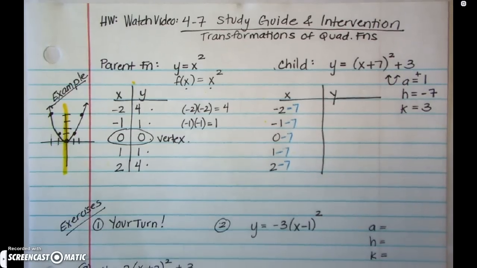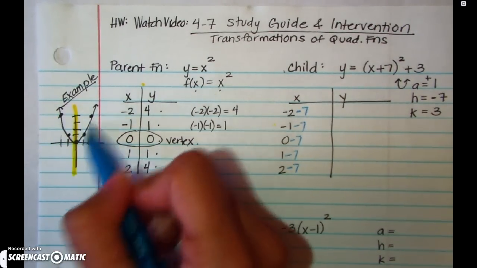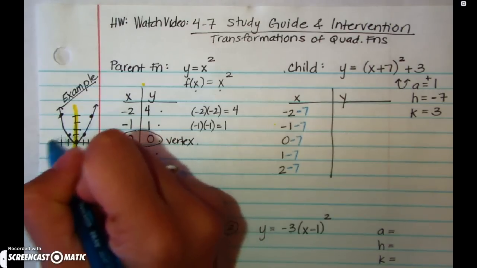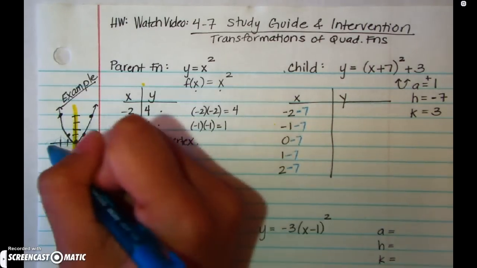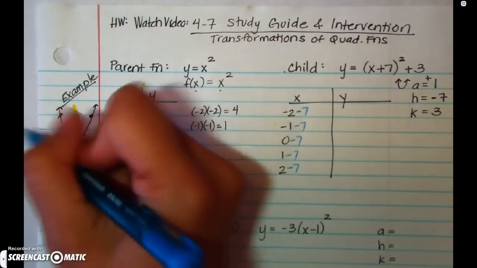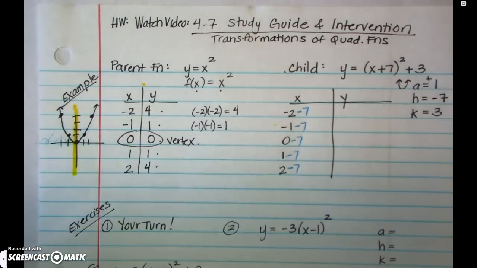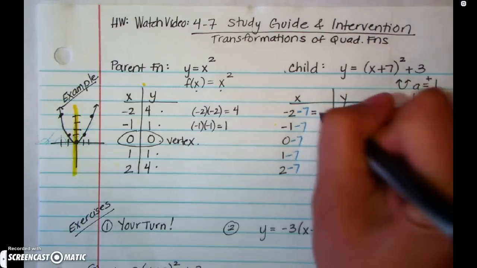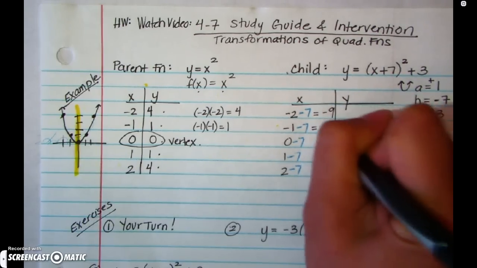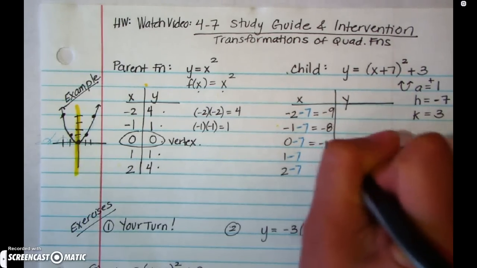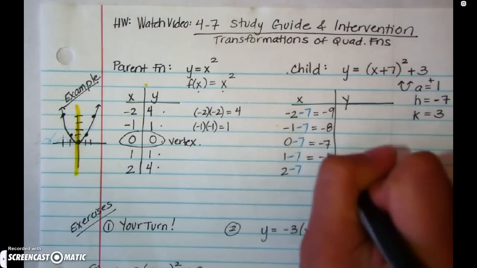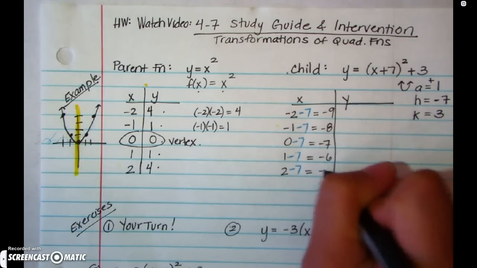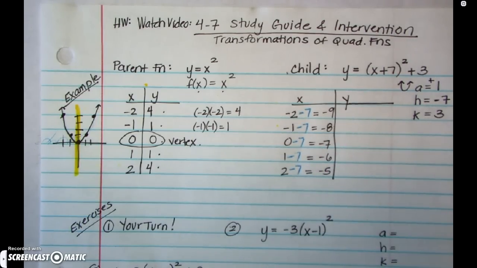The reason I'm doing that is because I'm going to take this original graph and shift it 7 units over to the left. So I'm going to end up with something like this. What is negative 2 minus 7? It gives you negative 9, negative 8, negative 7, negative 6, and negative 5.